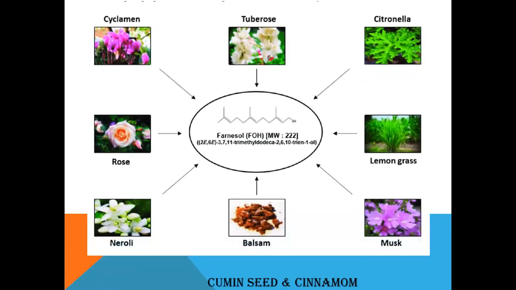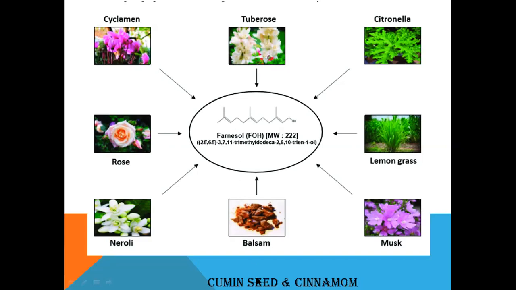Then coming to the source of farnesol, in which plants we can find farnesol. As we have discussed, gingiberine is present in the ginger plant. Similarly, you can get farnesol from so many plants like rose, neroli, balsam, musk, lemongrass, citronella, tuberose, cyclamen, etc. Many plants contain farnesol.